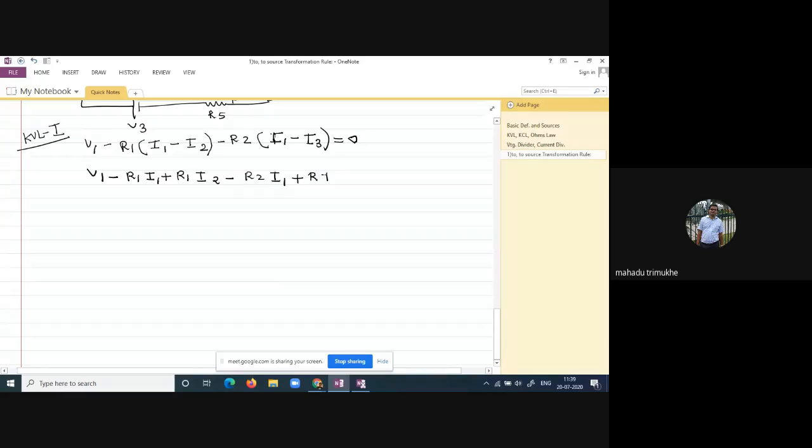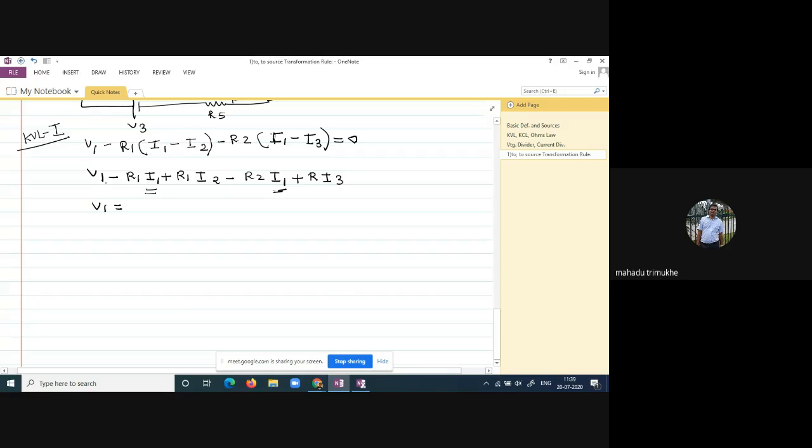Okay. So this way we have to simplify. Then you have to keep V1 outside as it is. V1 is equal to, then you have to see what is the common here. I1 is common, right? So R1 and R2 are common for I1.